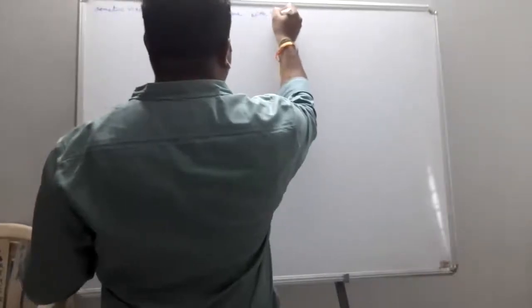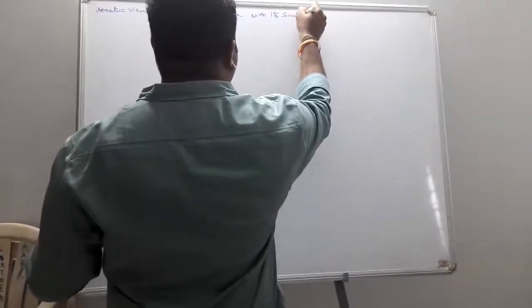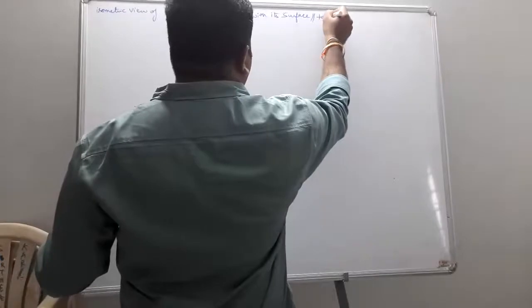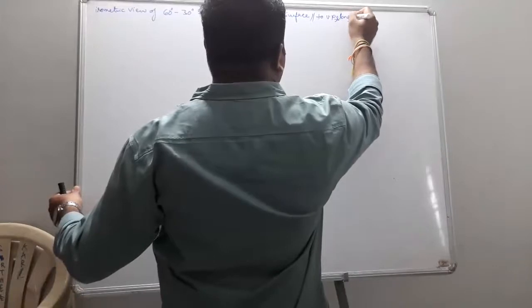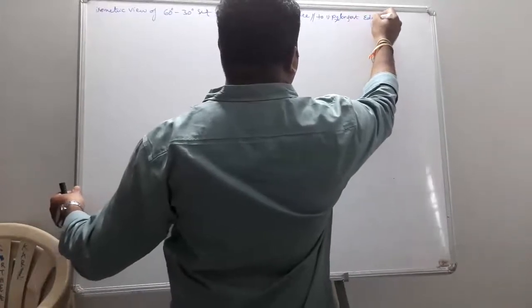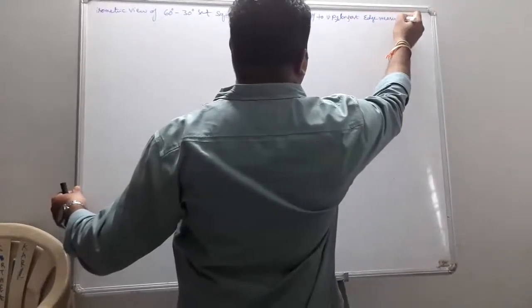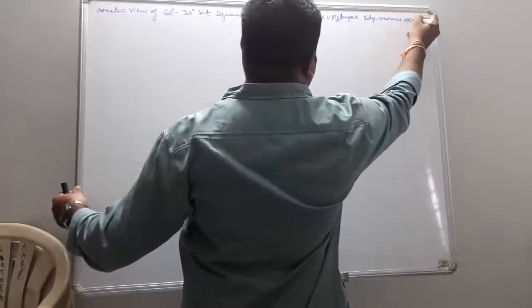So when your surface is parallel to VP, it means you have to construct it vertical. And the longest edge measures 150, so let us consider it is 100 mm.